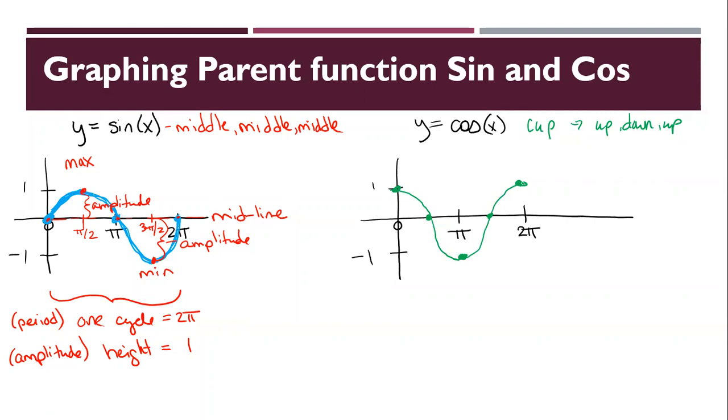So on the cosine, you have a maximum and a minimum and another maximum. And our midline intercepts happen at pi over 2 and 3 pi over 2.